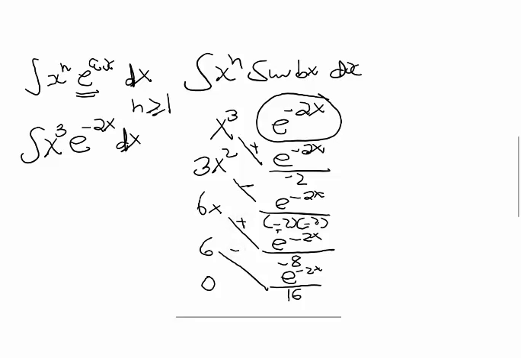So once we do that, what we get this integral as is x cubed e to the negative 2x over negative 2. I can put that negative sign here. Then you have negative, negative, and this negative, they all together would be negative.